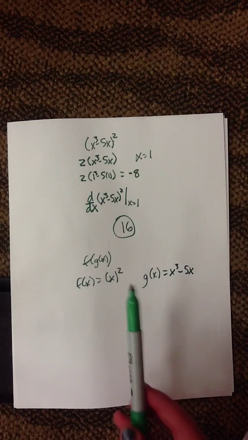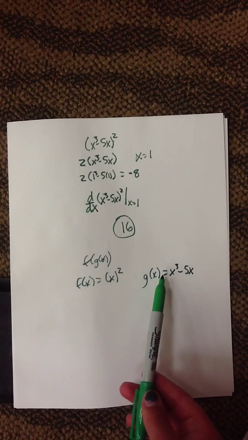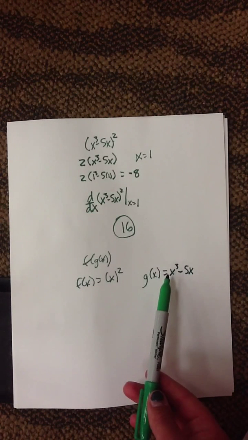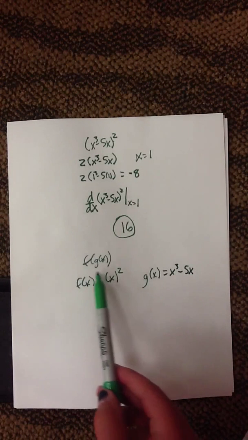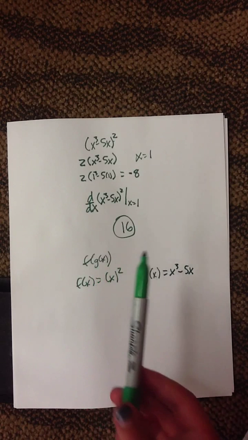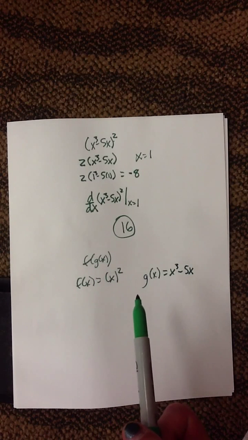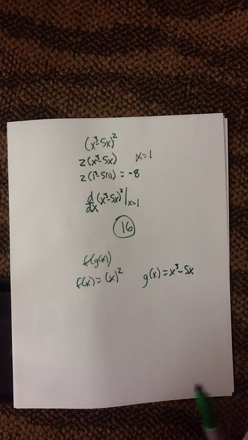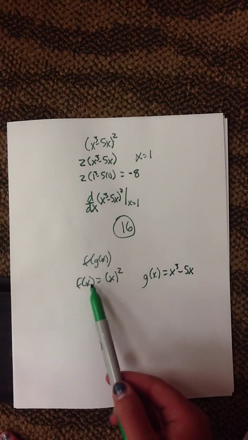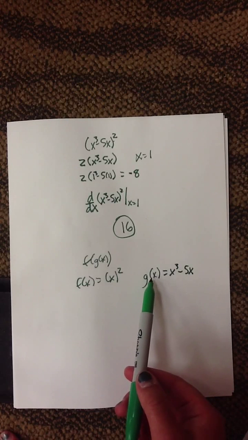So we know how to find f prime and g prime separately, but in order to find the derivative of the whole thing, of f of g of x, we need to somehow combine them. And we combine them using the outside-inside rule, where the outside is f of x and the inside is g of x.